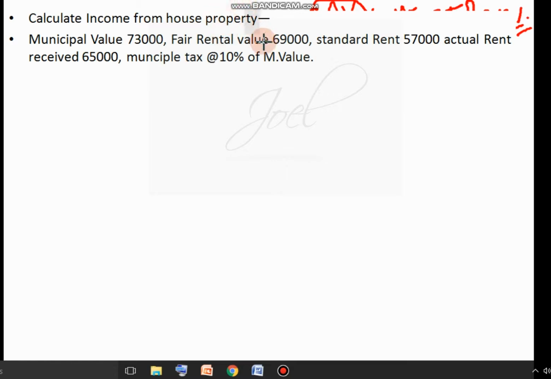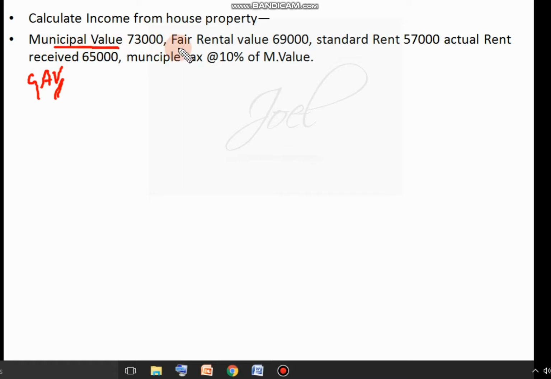So, as a first step we have to calculate gross annual value. Gross annual value is essential, because gross annual value will tell us the position of that particular income from house property. Now, to calculate gross annual value, already I have told four things we are considering.